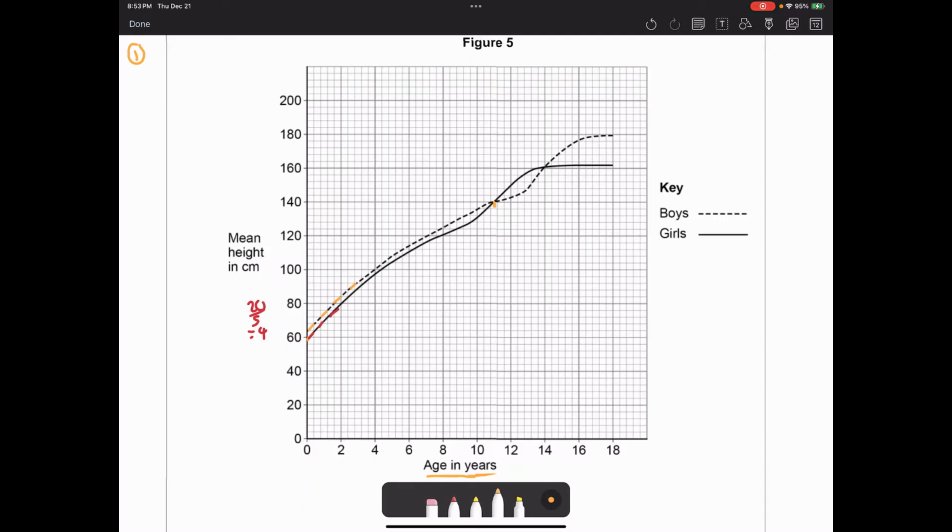So I can say as my first point, between 0 and 11 years, boys are taller than girls on average by 4 centimetres.